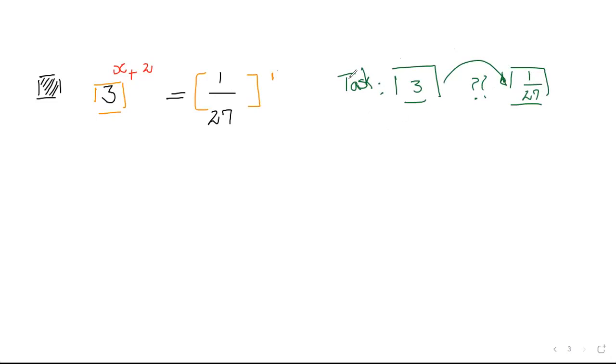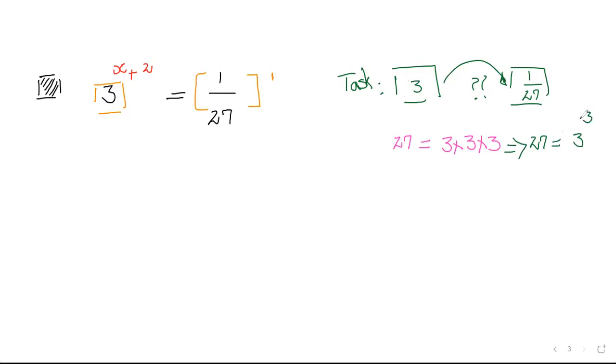Now, look at this. 27 is what? Can I write it as 3 times 3 times 3? 3 times 3 becomes 9. 9 times 3 becomes 27, right? Then as a result, 27 can be written as 3 raised to the power 3.